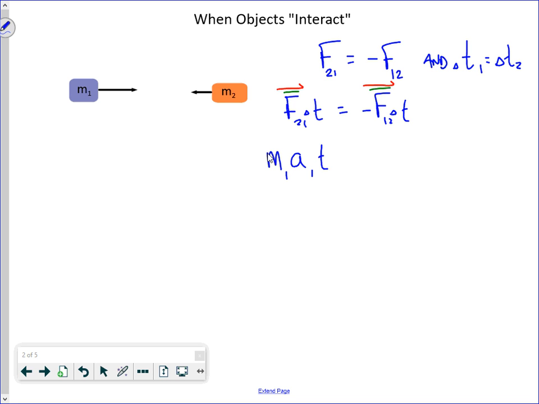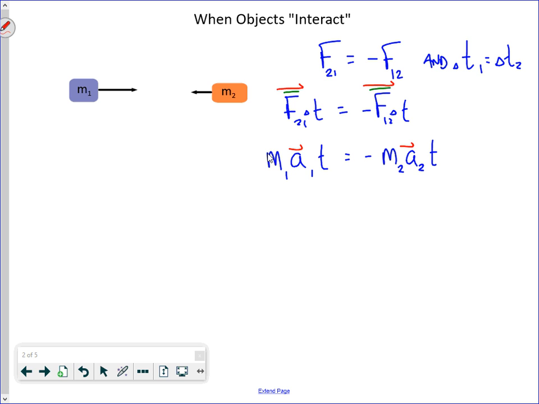And I'm going to leave this delta t, and I'm going to say this is negative. Well, this force is going to account for mass 2's acceleration during that amount of time. Now, these accelerations are vectors.